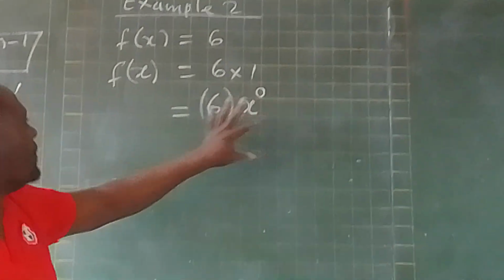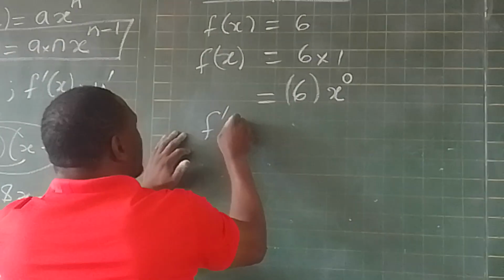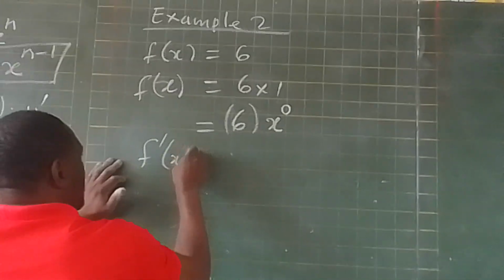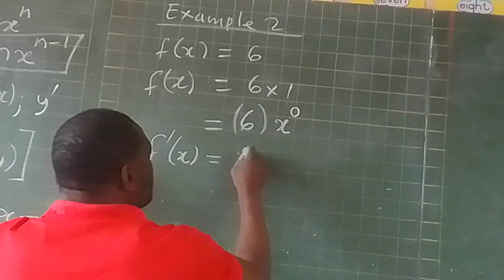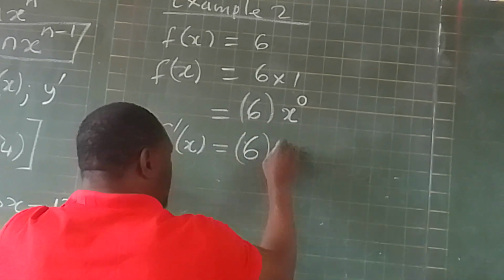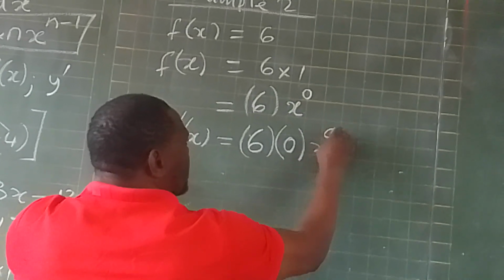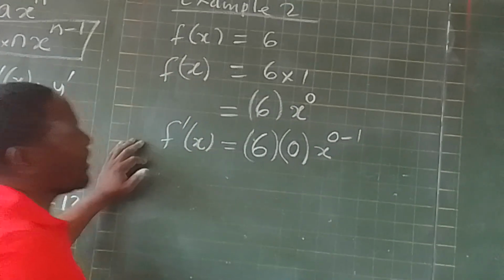So now let's differentiate this. f dash x is equal to 6 times 0 times x to the power 0 minus 1.